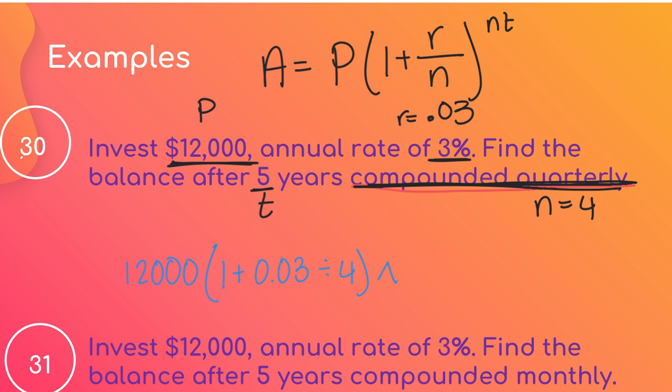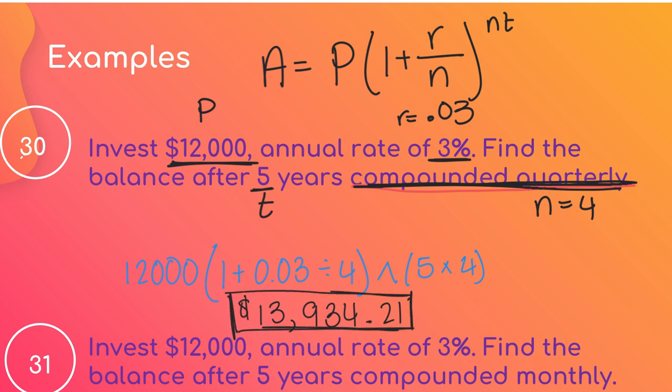Let me change that color. 5 years times 4, okay? This is what it should look like in your calculator. If you plugged it in correctly, your answer should have been $13,934.21. Keep in mind, we are dealing with money, so please make sure you round it to the nearest cent.